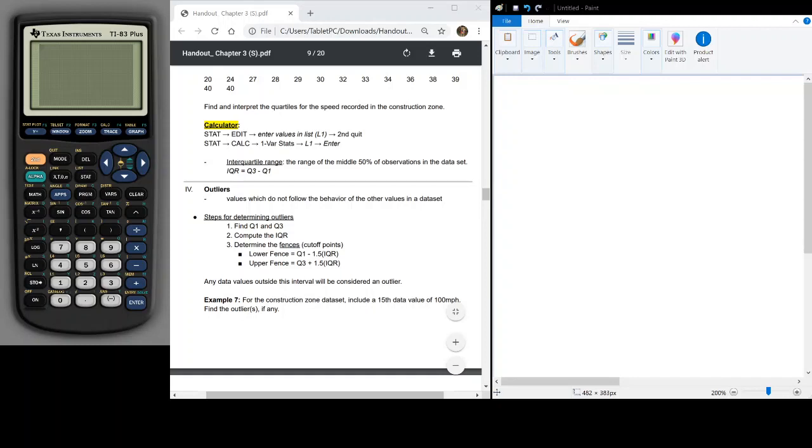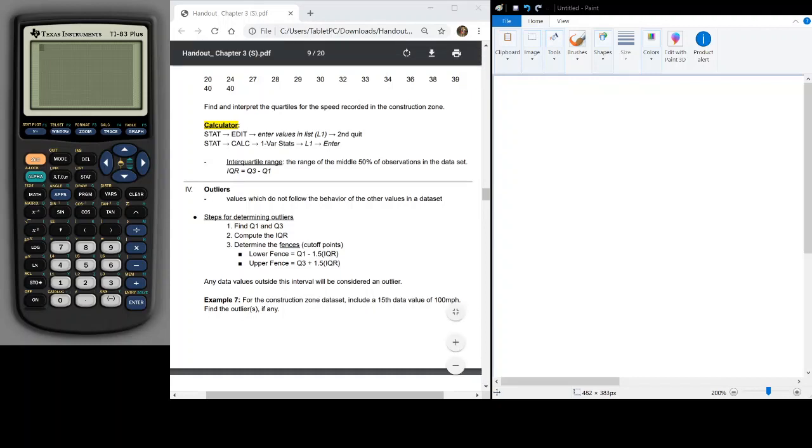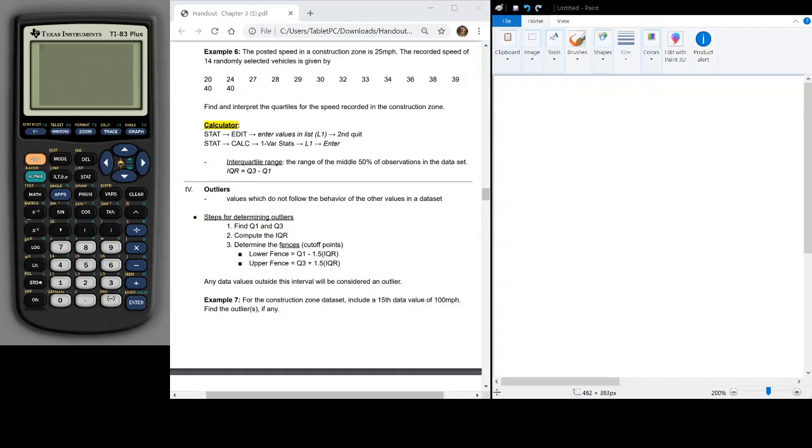And when it comes to quartiles, we'll also be looking at the one-var stat to give us the quartiles Q1, Q2, and Q3. The reason that's important is because it leads into the last measure of position called the outlier. An outlier is unusual behavior in a data set, and we can actually mathematically calculate outliers.